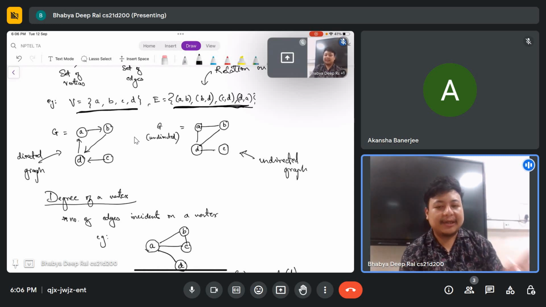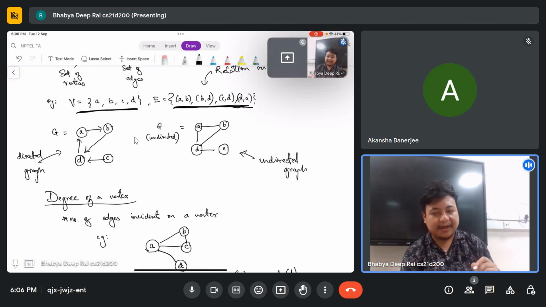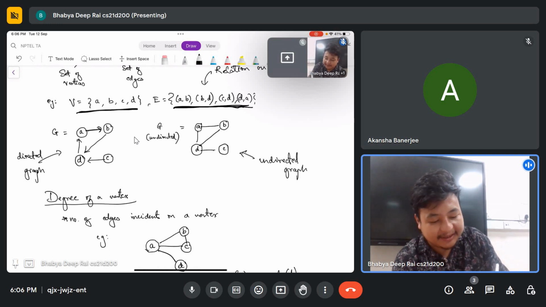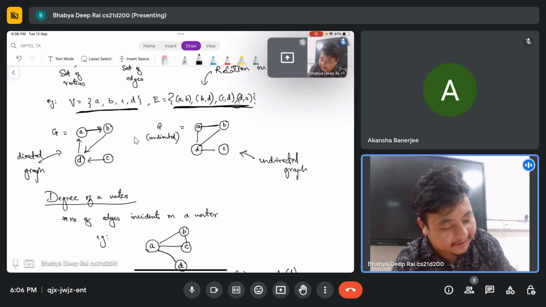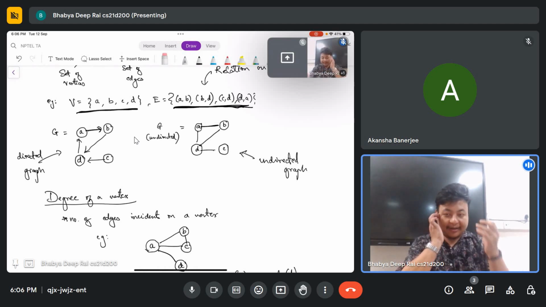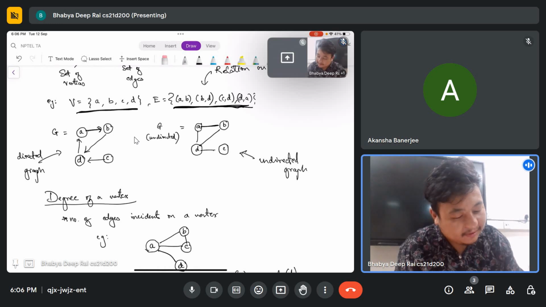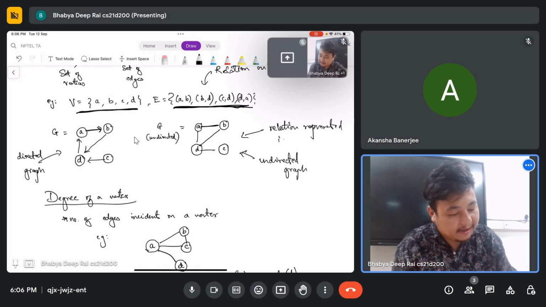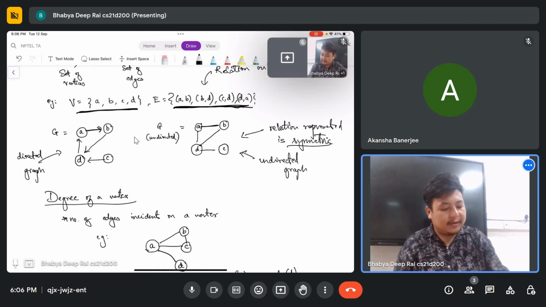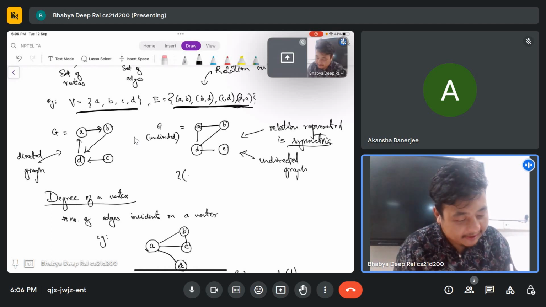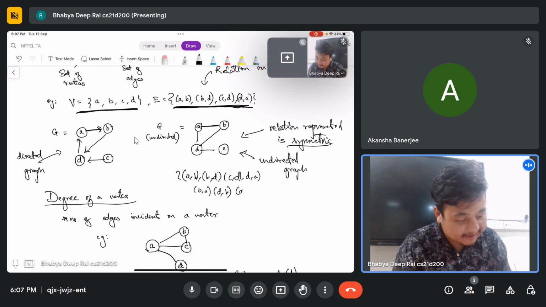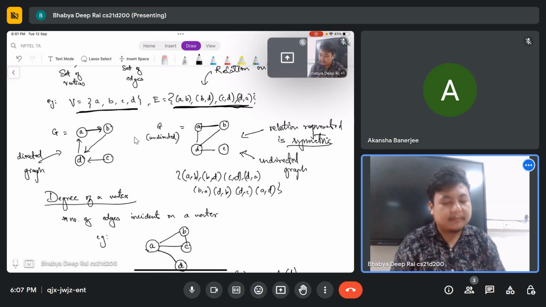Take note that an undirected graph is as good as a directed graph where, if there is an edge from A to B, there is necessarily an edge from B to A. That means if A is connected to B, then B is also connected to A. So undirected graphs represent that notion, or in other words, the relation represented is symmetric, which means the edge set will not only contain AB, BD, CD, and DA, but it will also contain BA, DB, DC, and AD.